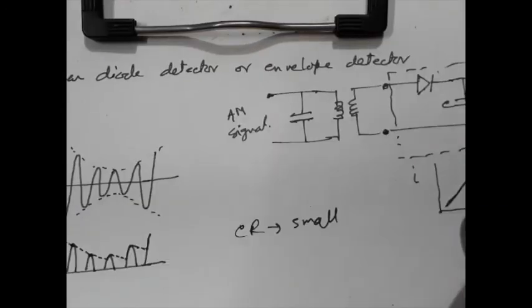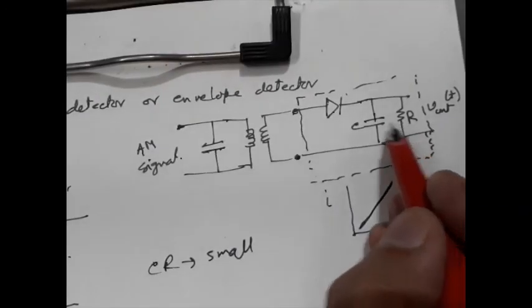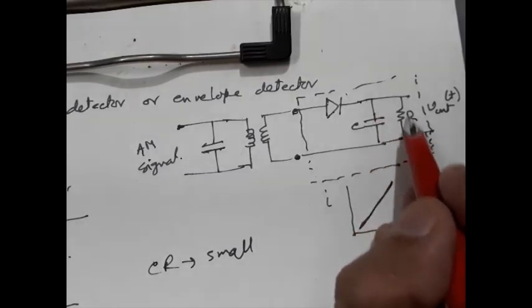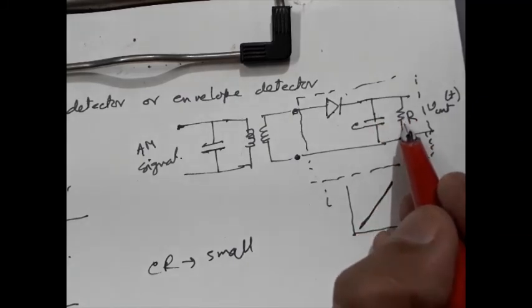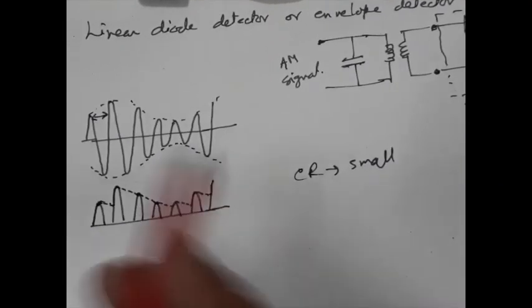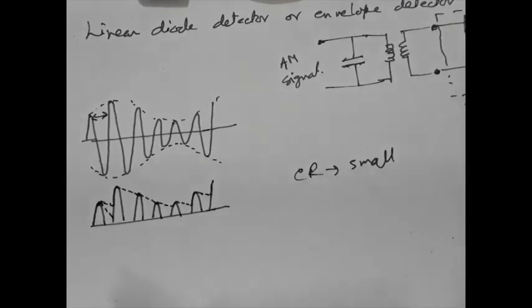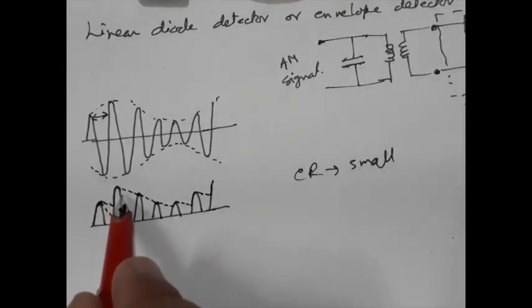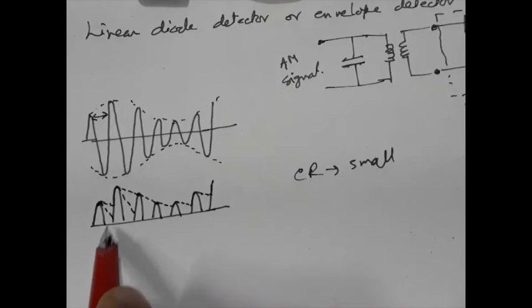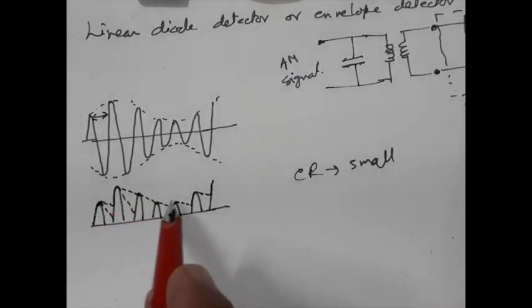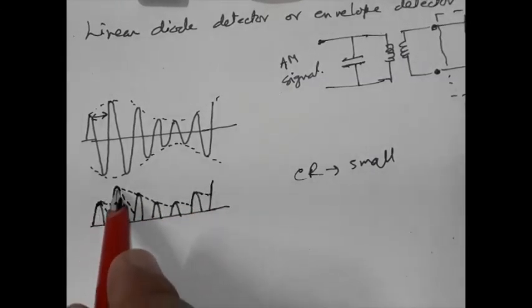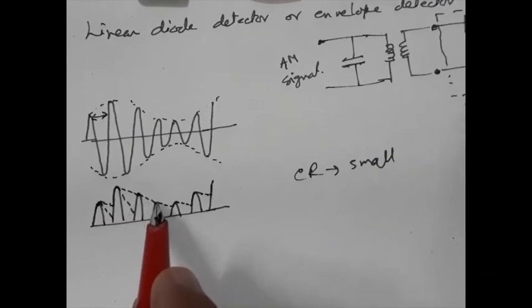Since R is small, the capacitor will try to discharge through R, and so the capacitor will lose its voltage much earlier. That means here the capacitor voltage will fall at a faster rate, producing more distortion like this. So instead of getting this signal, we will get a distorted signal, and this distortion is much larger.